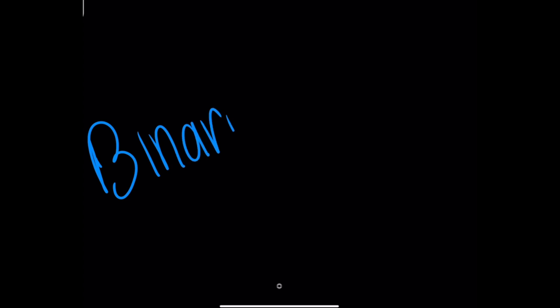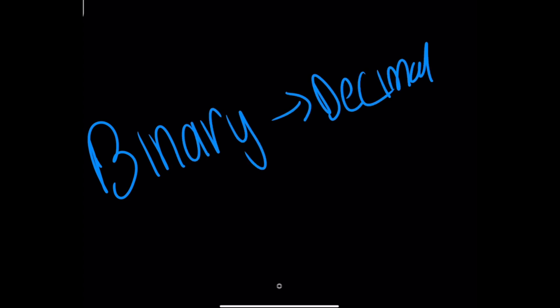Okay, now let's see how to convert binary to decimal. So first we need to set it up. Let's say we have 1, 0, 1, 1, 0, 1, 0. I wonder what number that is. So let's set it up.